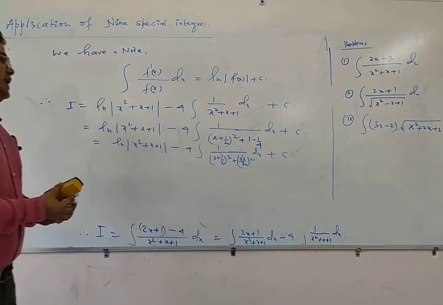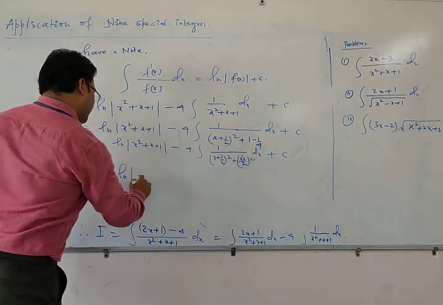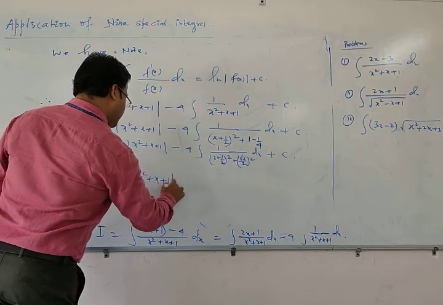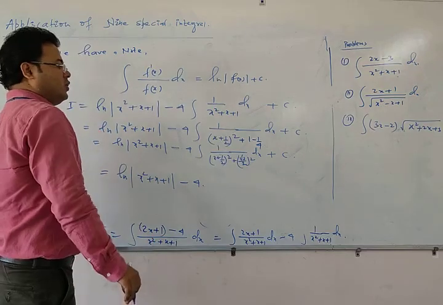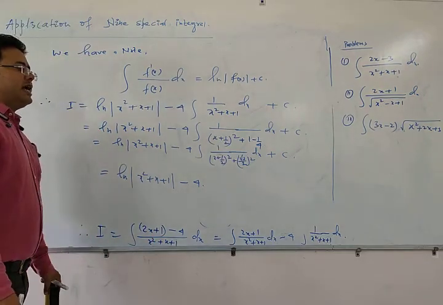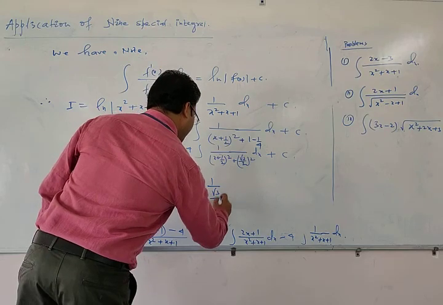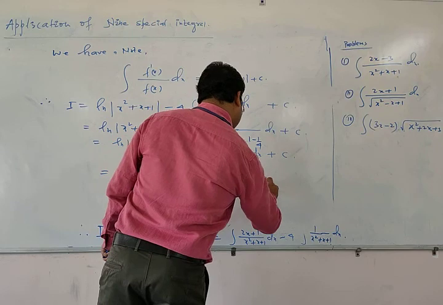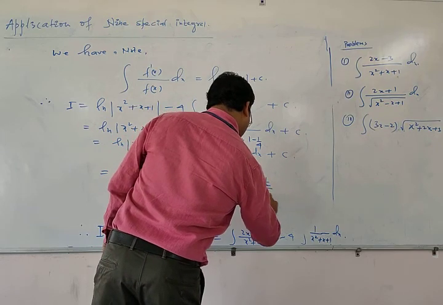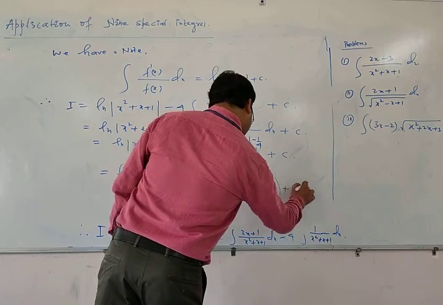So you can see here that this is equal to ln mod x square plus x plus 1 minus 4, and what will be its answer? This is the type 1 upon x square plus a square. So it becomes 1 by a, meaning root 3 by 2, tan inverse x by a. So x plus half by root 3 by 2 plus constant term c.